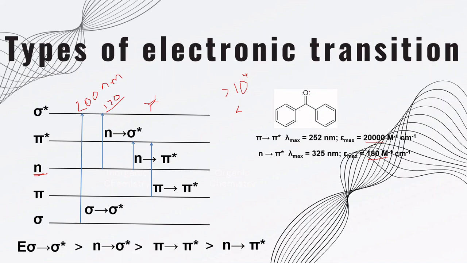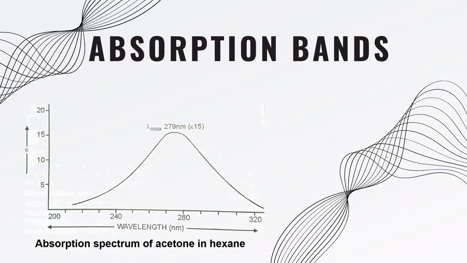You should also know that each transition gives rise to a spectral line. In the case of UV-Vis spectroscopy, instead of lines, we are getting bands. Why?